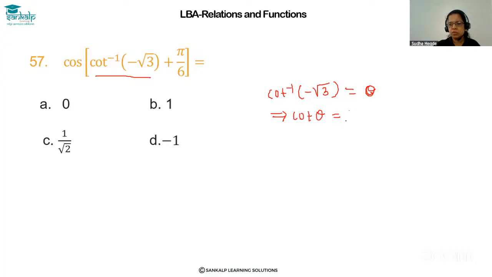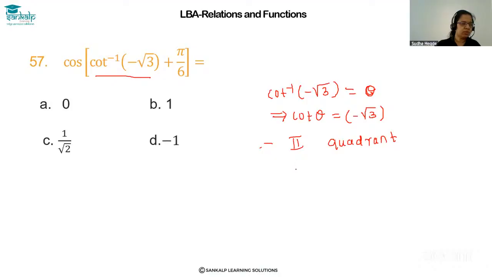So cot theta is equal to minus root 3. Cot is negative in the second quadrant. Correct? So if cot theta is equal to root 3, what is the value of theta?